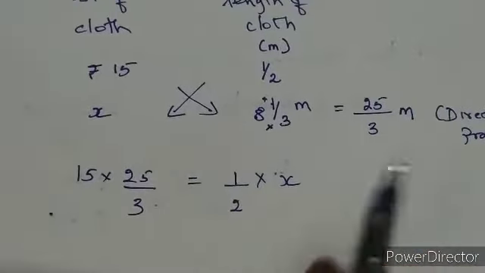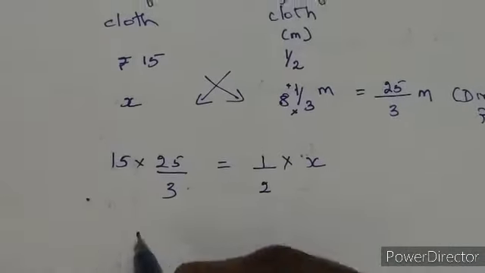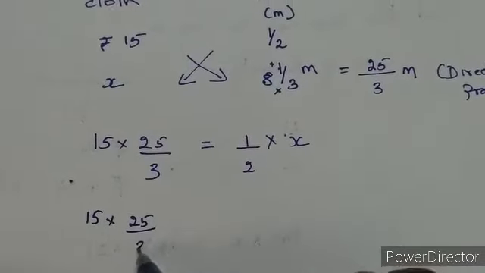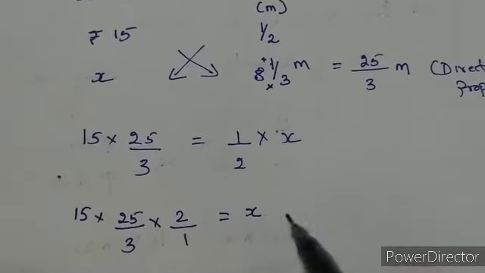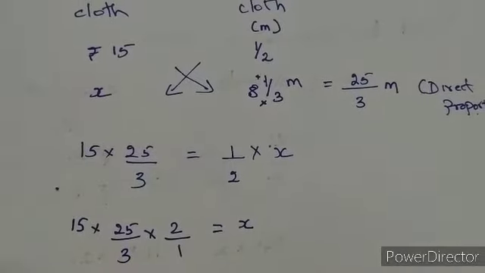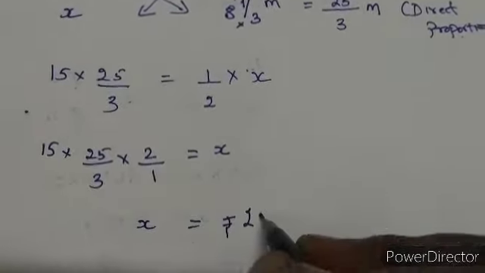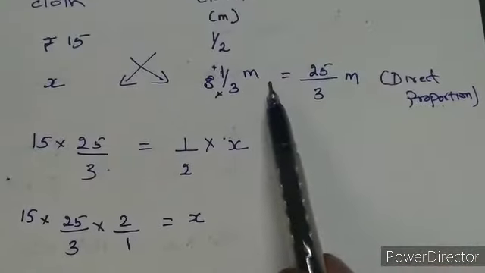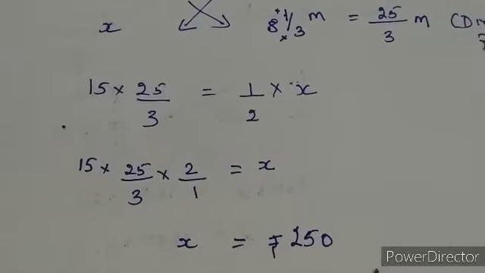The value of x we have to find, so we transpose 1 by 2 to this side as 2 by 1. So x equals 15 into 25 divided by 3 into 2 by 1. If you simplify this, you will get the answer as the cost is rupees 250. So for 8 1 by 3 meters, the cost is rupees 250.